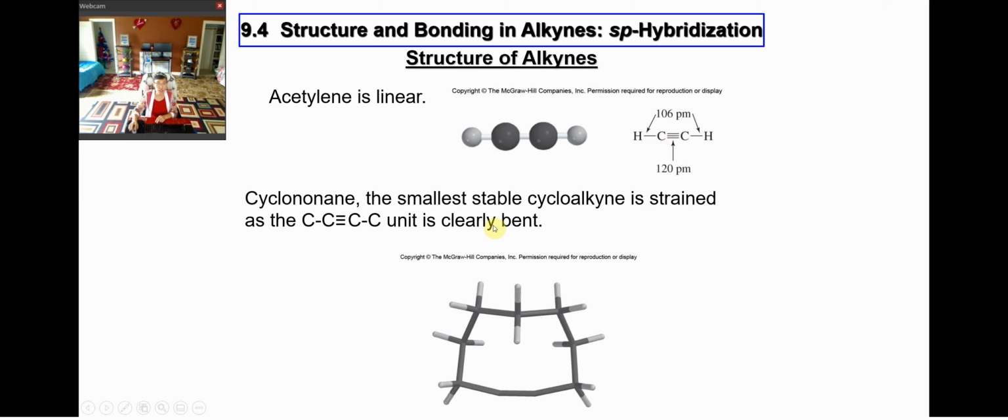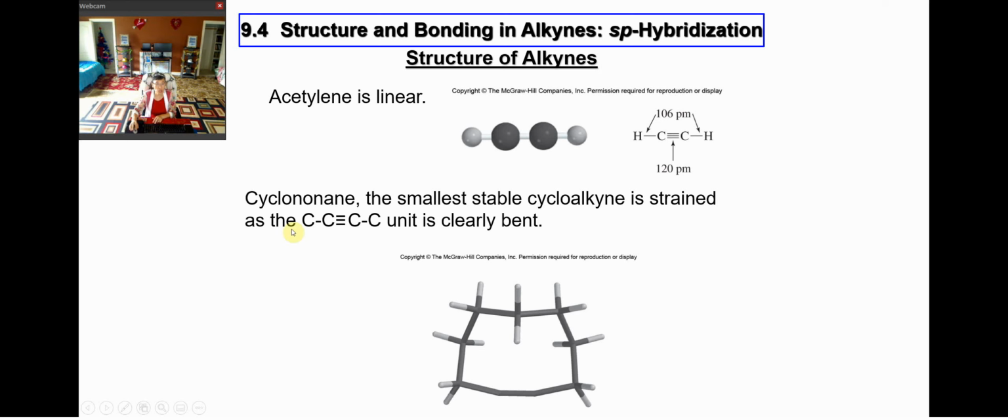A cycloalkane will be subject to strain involved in spatial hindrance and also torsional strain. Both of them will be involved.